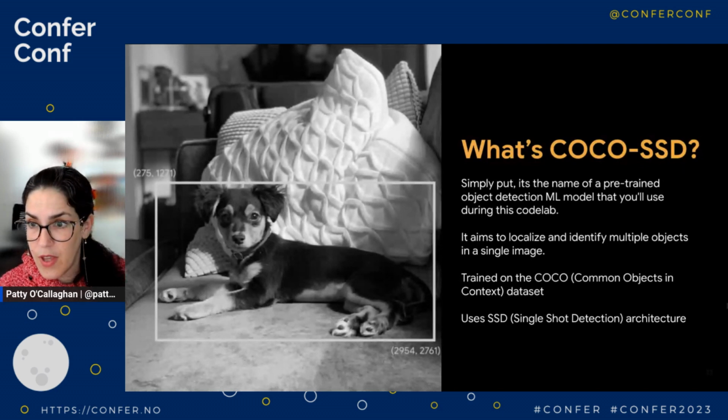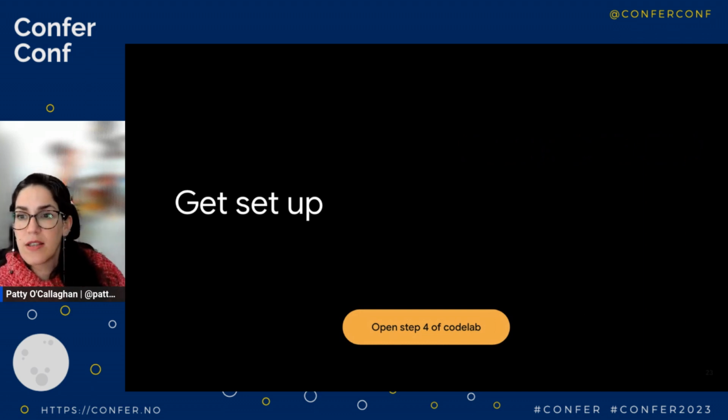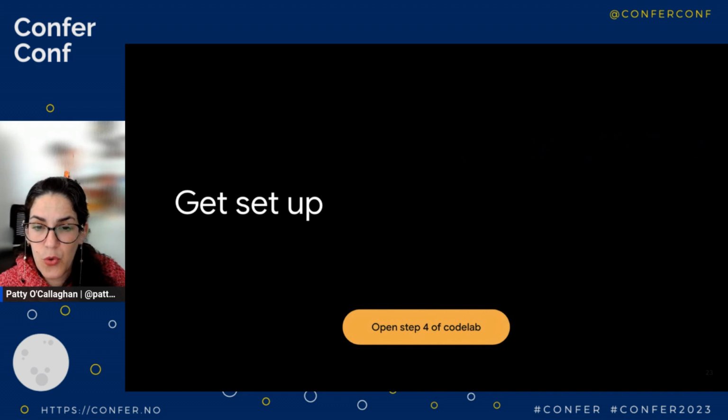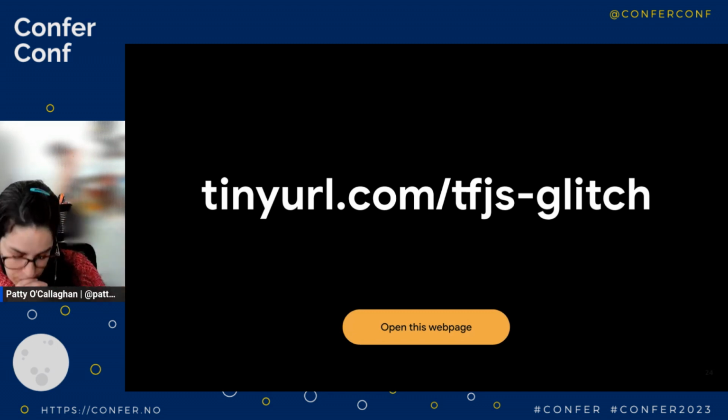Okay, so that's the COCO SSD model that we're going to be using. So now let's get to the setup. And I'm going to ask you to go to step 4 of the code lab. And if you don't have a web server set up on your local machine, you can go to Glitch, and Glitch is a website where you can run a web project right in the browser.